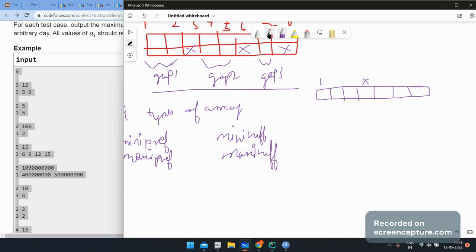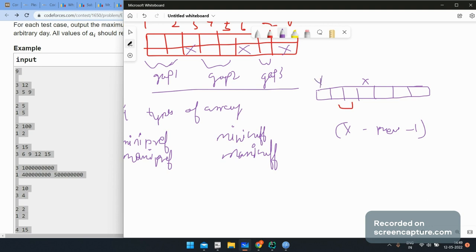The gap between them is this 2. The answer for this will be current minus previous, because previous minus current will give us a negative value. So x minus previous minus 1 will be the general case if there is some element placed.